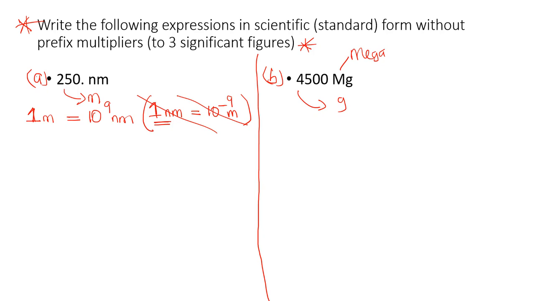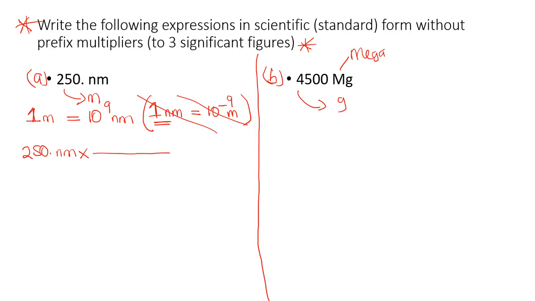So solving this one, I have 250 nanometers. I will start with saying 1 meter is equal to 10 to the power 9 nanometers. Then I want to convert from nanometer to meter. What I'm going to do is I will just write this 250 nanometer here, and then multiply.